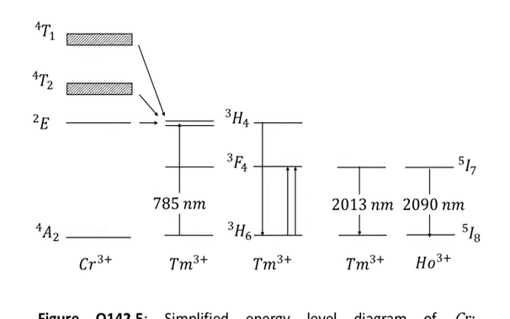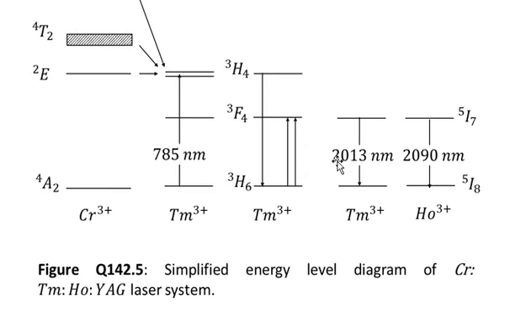So you see that this is also shown over here. If the holmium is not present, then this transition at a wavelength of 2013 nanometer can also be produced.